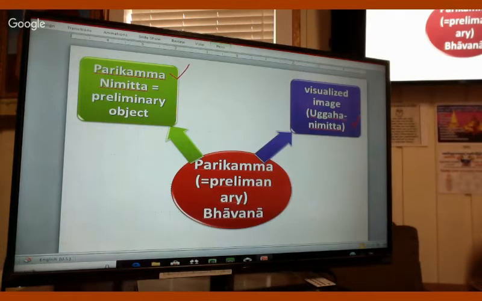Anyway, it's not opposite. What I explain here is the two kinds of object, but I see a parallel. You need to understand the two kinds of bhavana are vipassana and samatha. For vipassana and samatha, the objects are different. The parikama nimitta and ugaha nimitta are especially for samatha only. So are you talking about vipassana? There is an application that I see, but we don't have to talk about it.